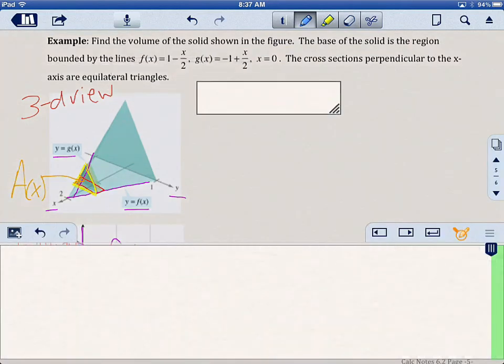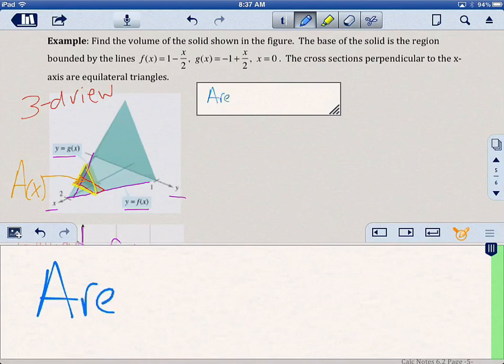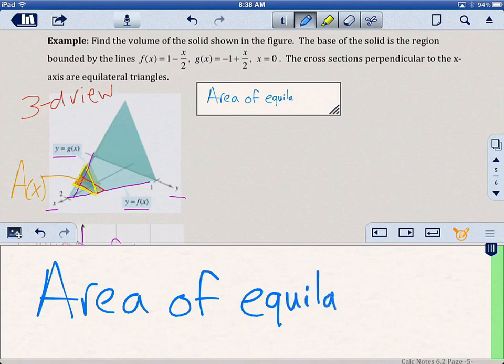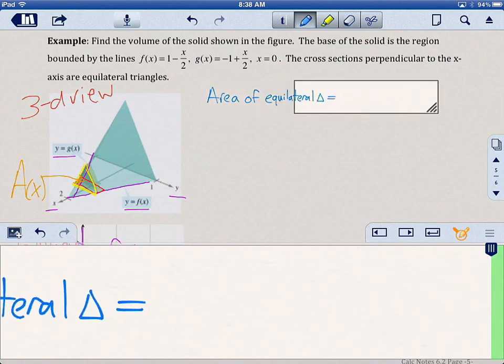So when we set up these problems, the first thing we want to do is find a formula for the area of our known cross sections. Okay, so in this case we want to know the area of an equilateral triangle. Okay, and you don't have to really memorize this.